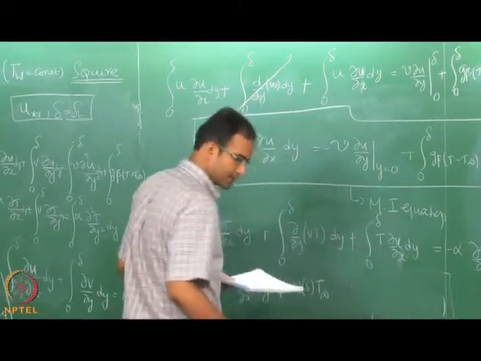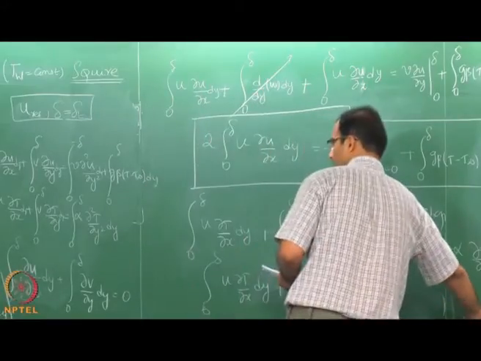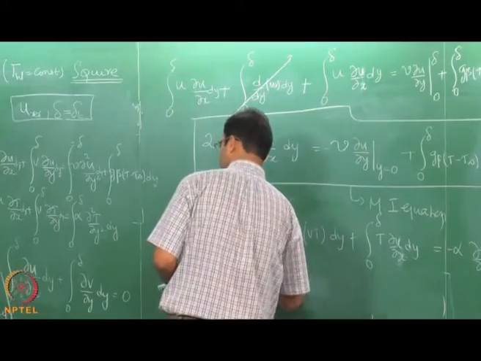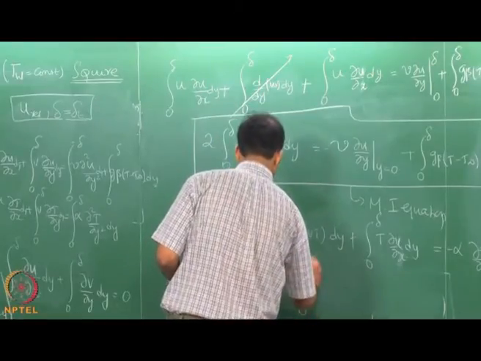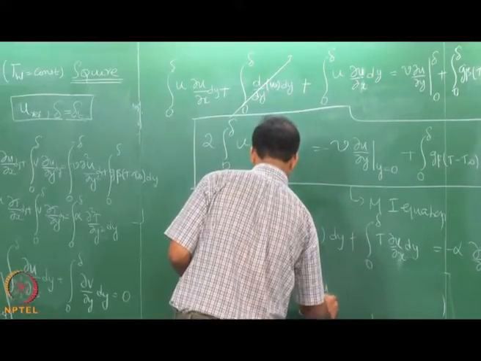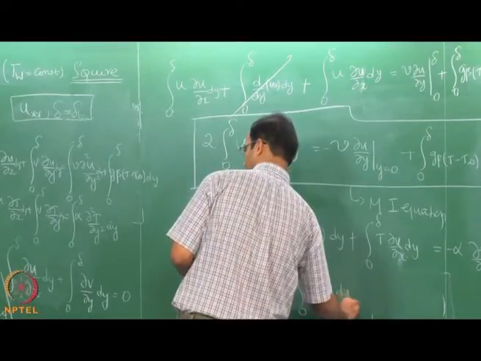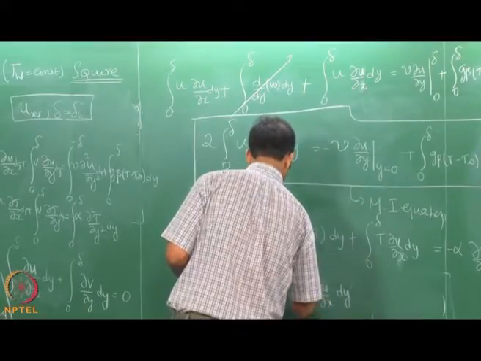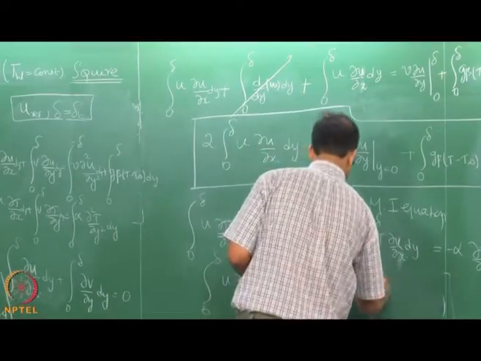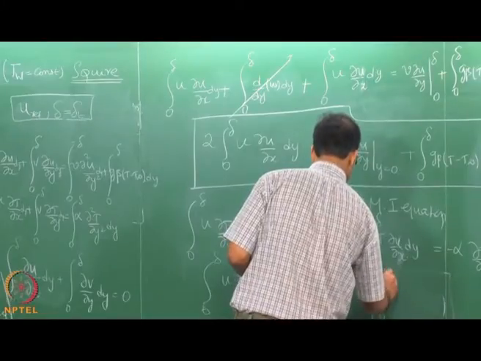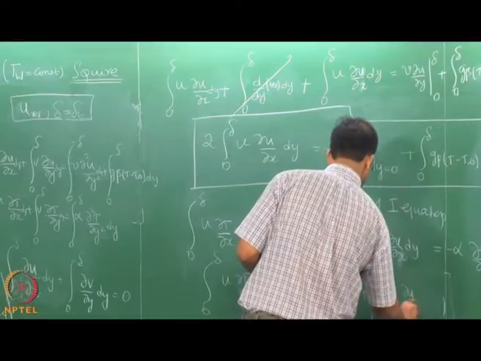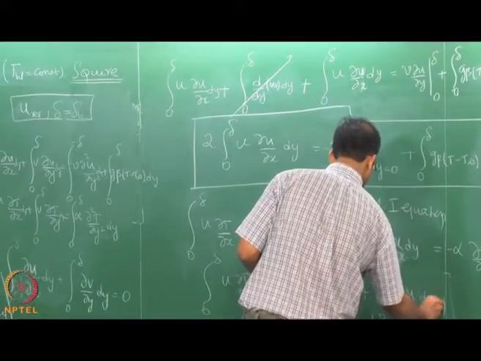So, I am substituting for v of delta as minus integral 0 to delta into du by dx dy into t infinity plus integral 0 to delta into t du by dx dy.